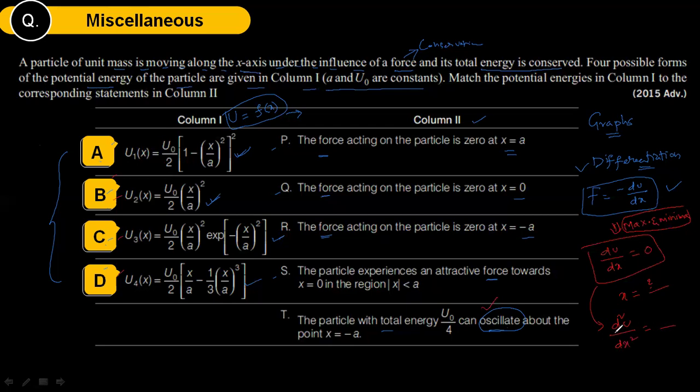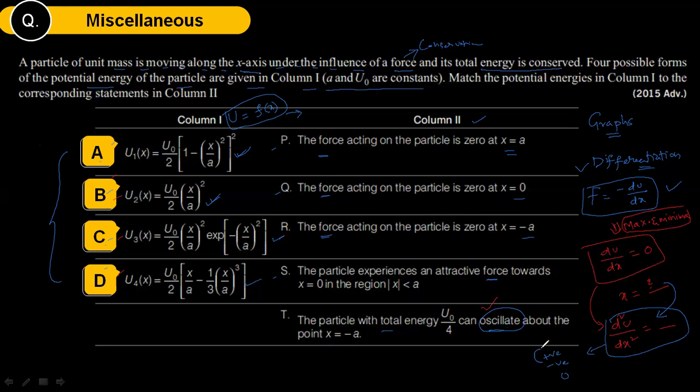Calculate this also, and after that substitute the value of x in this equation. Then this second derivative comes out to be either positive, negative or 0. That's it. Three possibilities will be there.